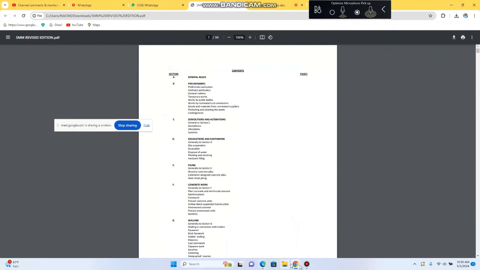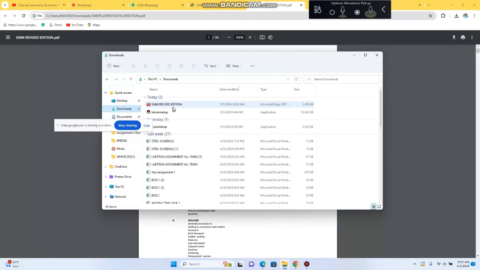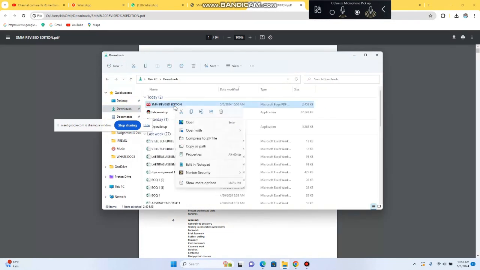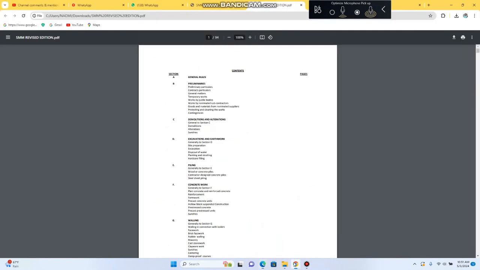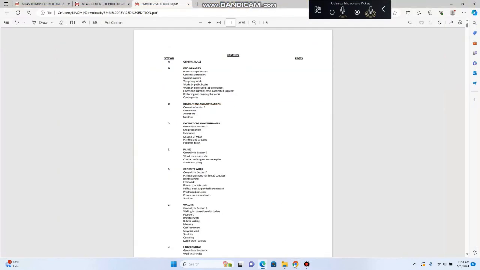I want to share my screen. Okay, let me just open it. Can you be able to see the SMM that I've shared? Have you downloaded it? Yes, I've downloaded it. All right, thank you for that. I want to share my screen in a way you can be able to see all these tabs. So I will share it again.